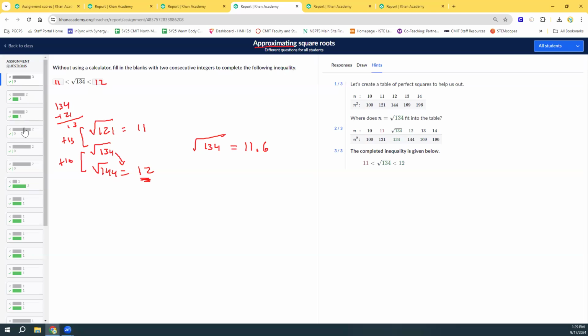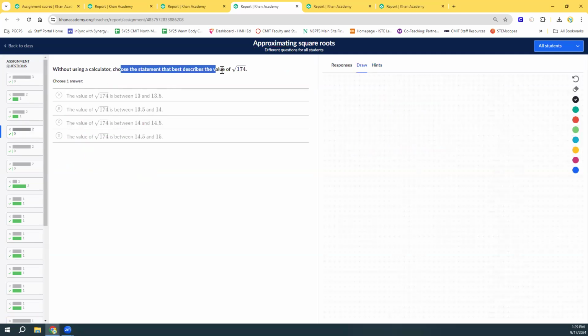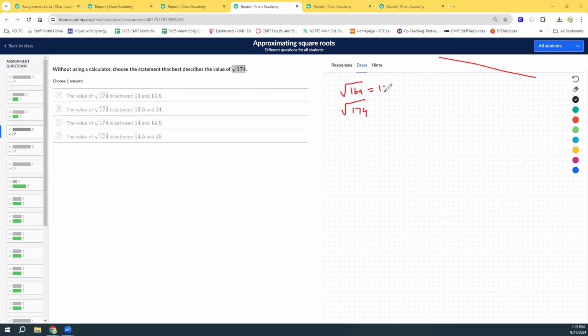But you can see with this one right here, without using a calculator, choose the statement that best describes the value of the square root of 174. So we have the square root of 174. What two square roots is that in between? Well, I remember that the square root of 169 is 13 and the square root of 196 is 14.